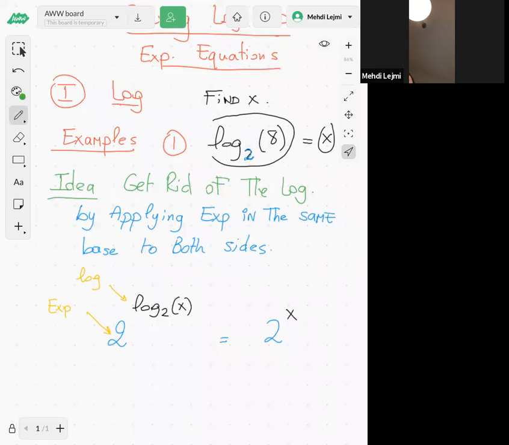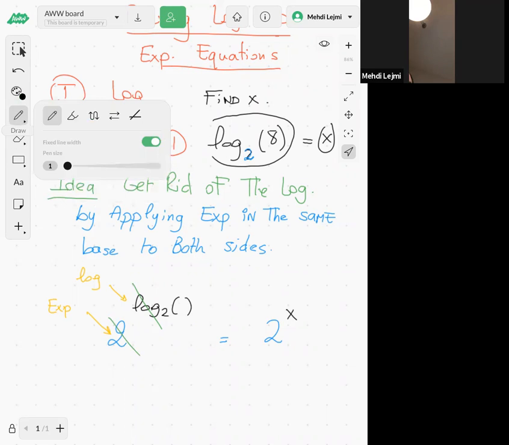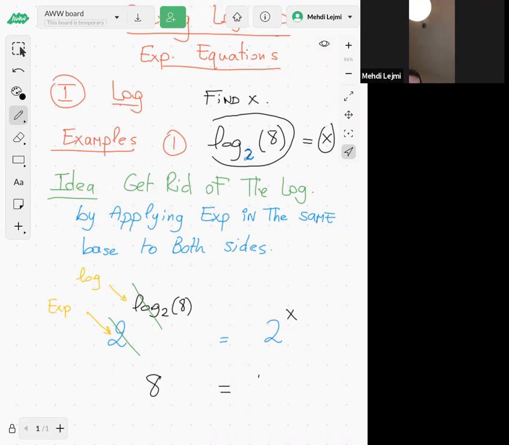So this thing here cancels out, and you end up with just 8. Sorry, it's not x here, it's 8. It's log in base 2 of 8, of course. So on the left side you have 8, and on the right side I have 2 to the power x.